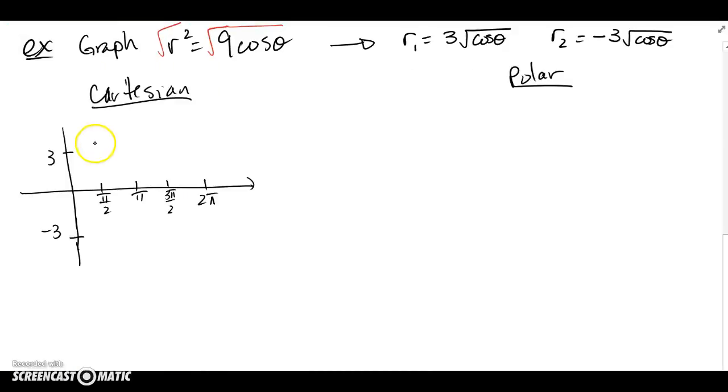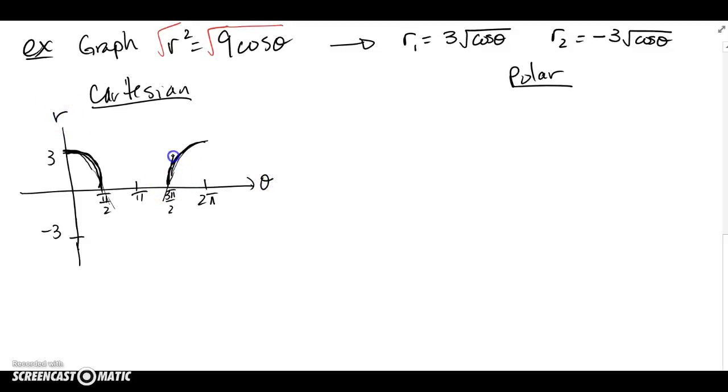So I'm going to go 0 to 2 pi, and I'm just going to do, let's say, the cosine curve, ignoring the square root for now. And then I know that the cosine curve between pi over 2 and 3 pi over 2 becomes negative. So when I take the square root of those, they're not going to contribute anything. They'll be negative numbers. And when I take the square root of these numbers, I'm going to get a curve that's arched a little bit differently, but nevertheless pieces that increase as theta increases.